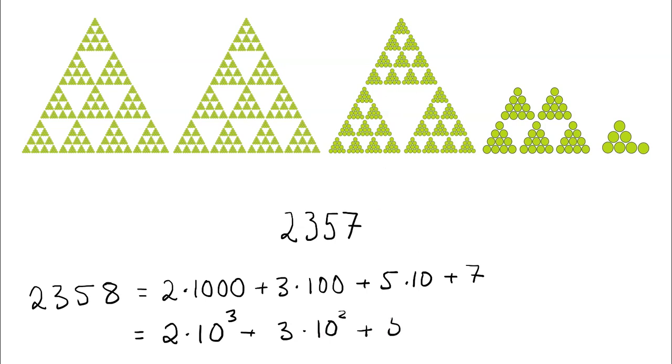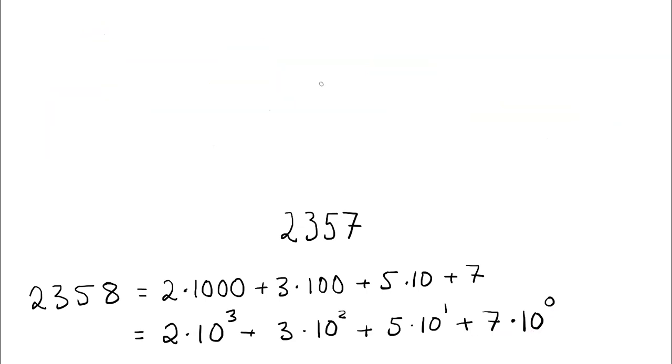And then we have 5, 10 to the power of 1, and 7. If you like, we could write this as 10 to the power of 0, because 10 to the power of 0 is 1, so we have 7 ones. And this is, of course, expressing any number in base 10, because it's base 10 here. So we express any number in base 10.